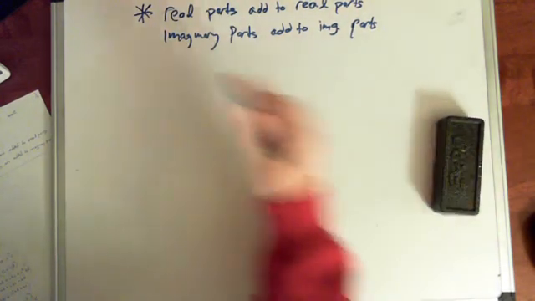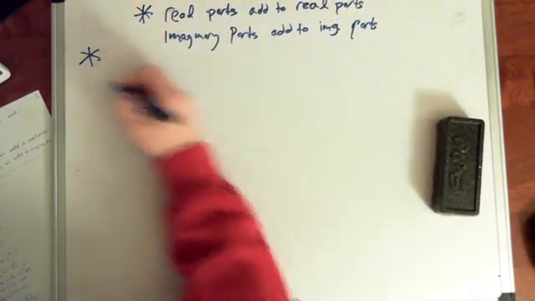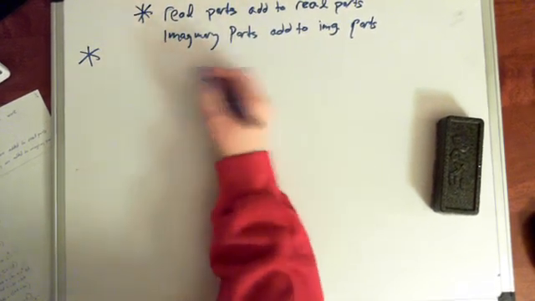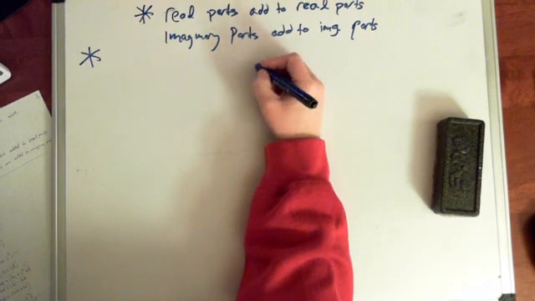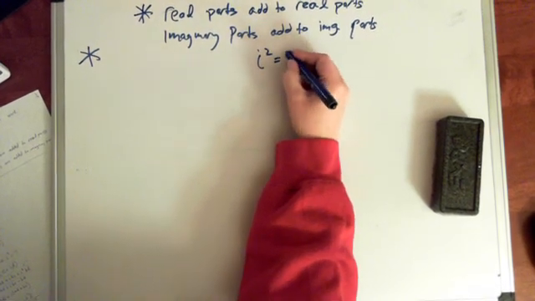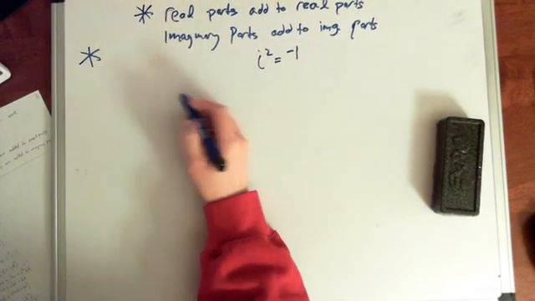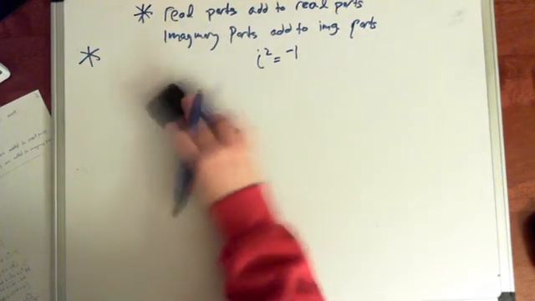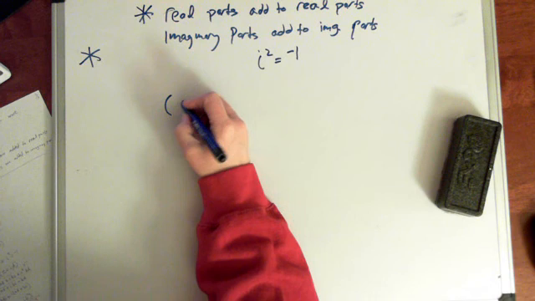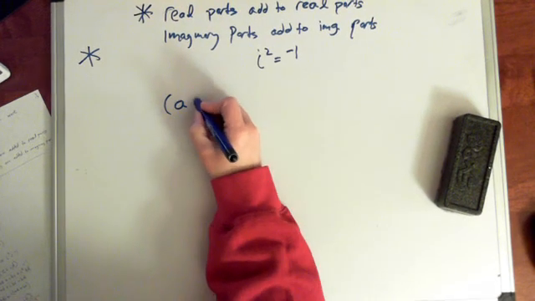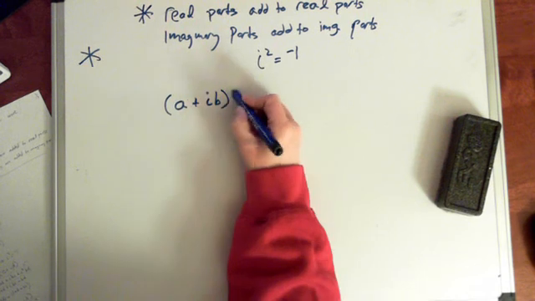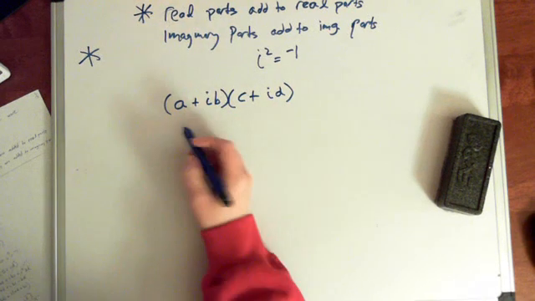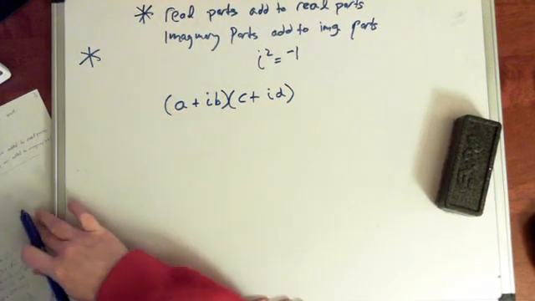Alright, so now let's look at multiplication. When we're doing multiplication, remember, as I pointed out before, i squared is equal to -1. We will use that in multiplication. So an example in multiplication: a plus ib times c plus id. Let's multiply it out, simply FOIL it.